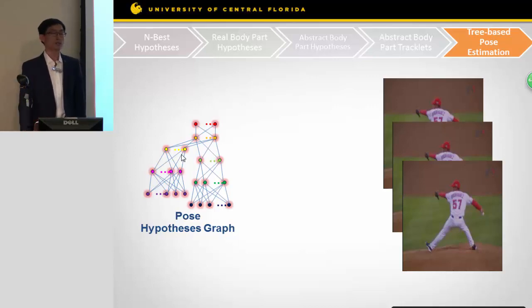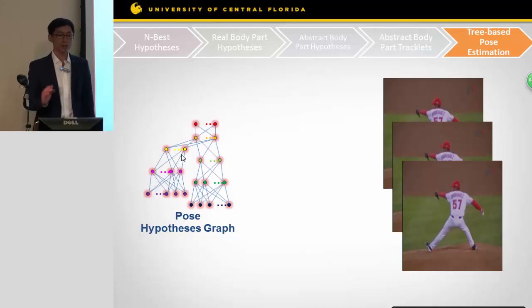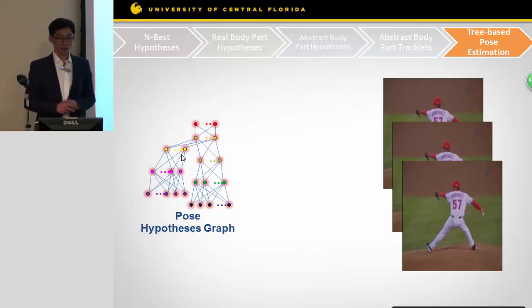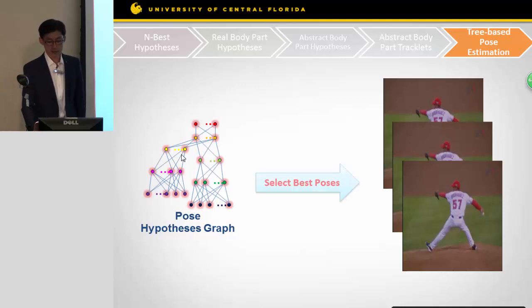The goal is to select one body part tracklet for each body part and to make sure that they satisfy the spatial temporal constraints for the body parts within a single frame and also across the video frames. After this stage, we will get the final human pose estimation results from all the video sequences together.